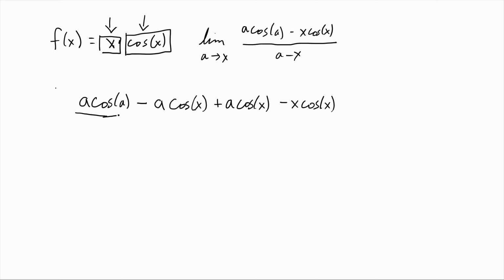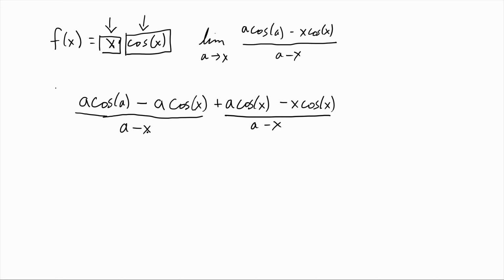But then let's split up the fraction. The denominator is a minus x over everything, but we can split the fractions, so we get that over a minus x plus that over a minus x. Now we're going to concentrate on the limit of this part and this part separately.